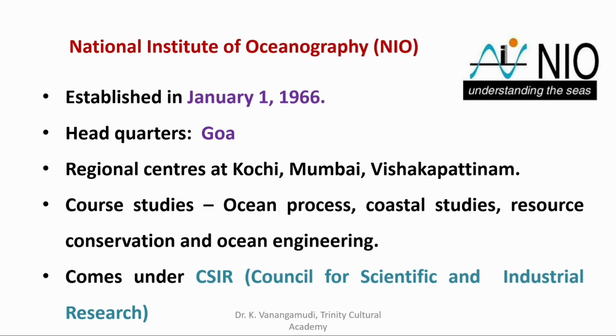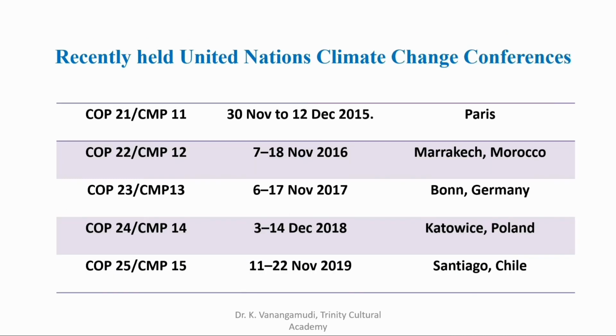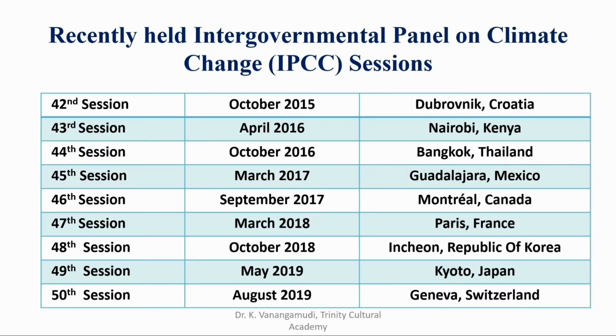It comes under the administrative control of the Council for Scientific and Industrial Research. Friends, the next 2 slides explain United Nations Climate Change Conferences and Intergovernmental Panel on Climate Change IPCC sessions which were recently organized. You can go through them thoroughly because questions have appeared during the last year.